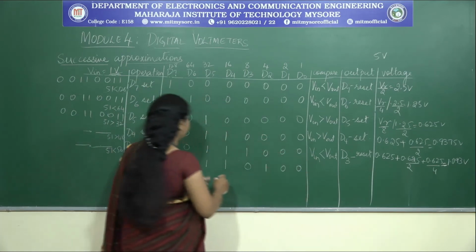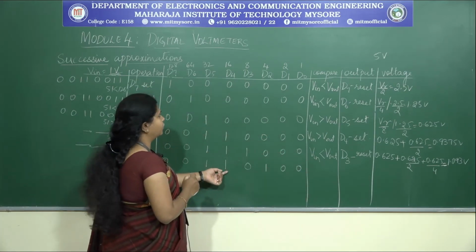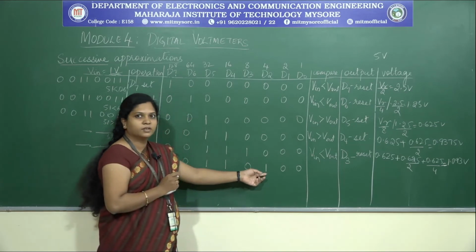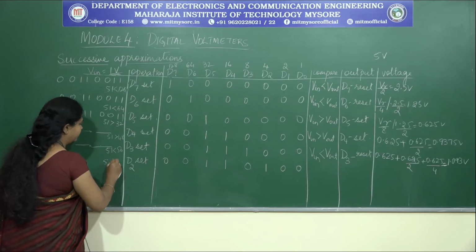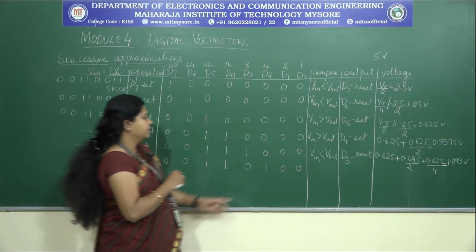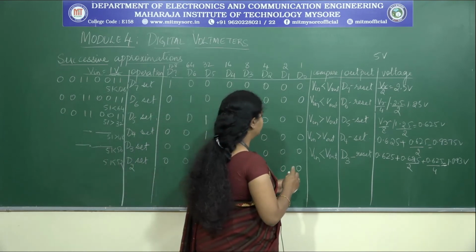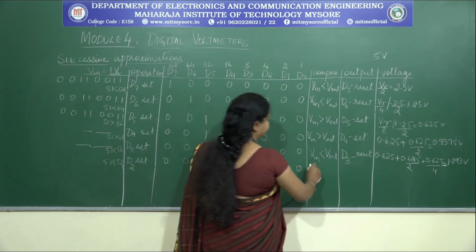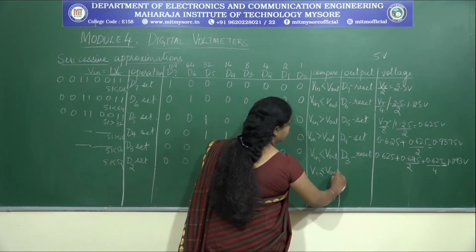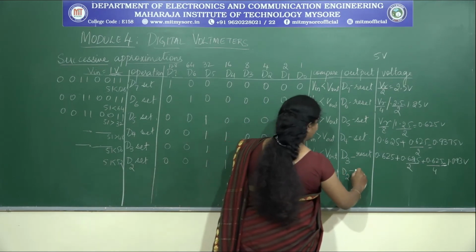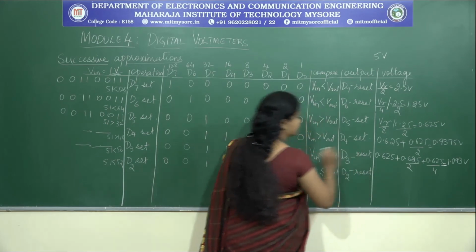Now see, check the value. 32 plus 16, 48, 48 plus 4, 52. So here 51 is less than 52. What will happen now? V in is less than V out. So the D2 bit should also be reset.